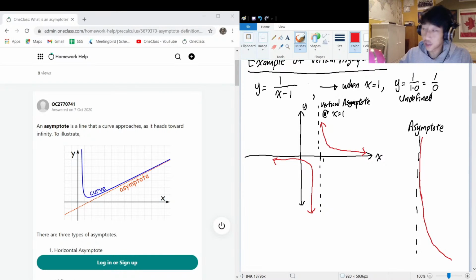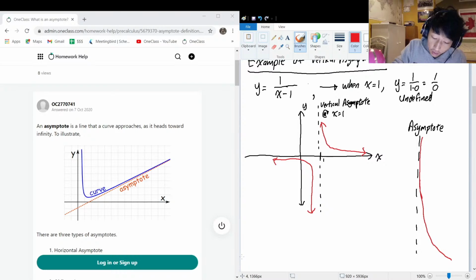So you can actually try this on your calculator. If you try x equals 1, it's not going to work out. You're going to get divided by 0, and your calculator is not going to appreciate that, and all of the math in the world is not going to appreciate dividing by 0. But if you did x equals 1.01, you would get a fairly large number. And with x equals 1.0001, you're getting an even bigger number.